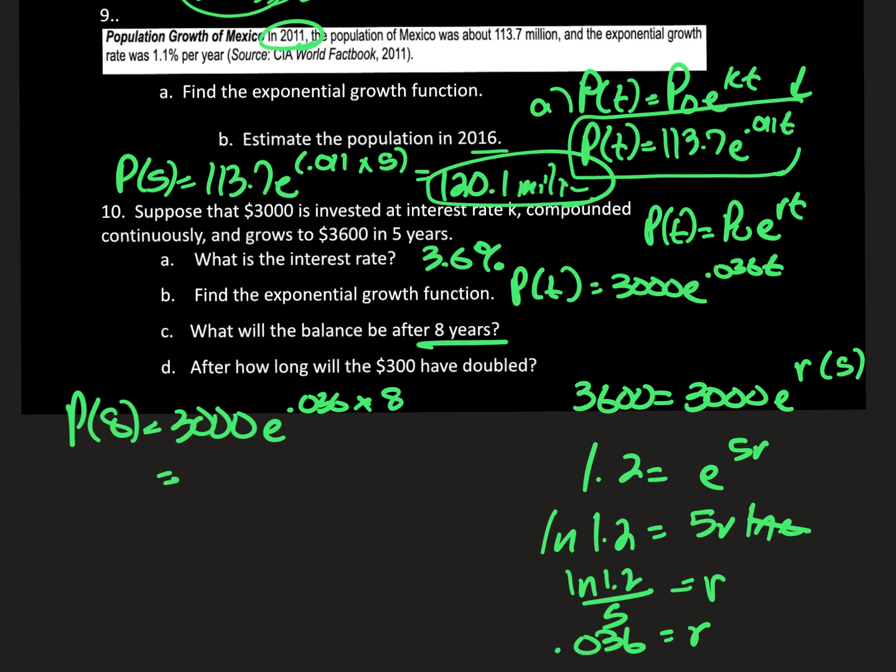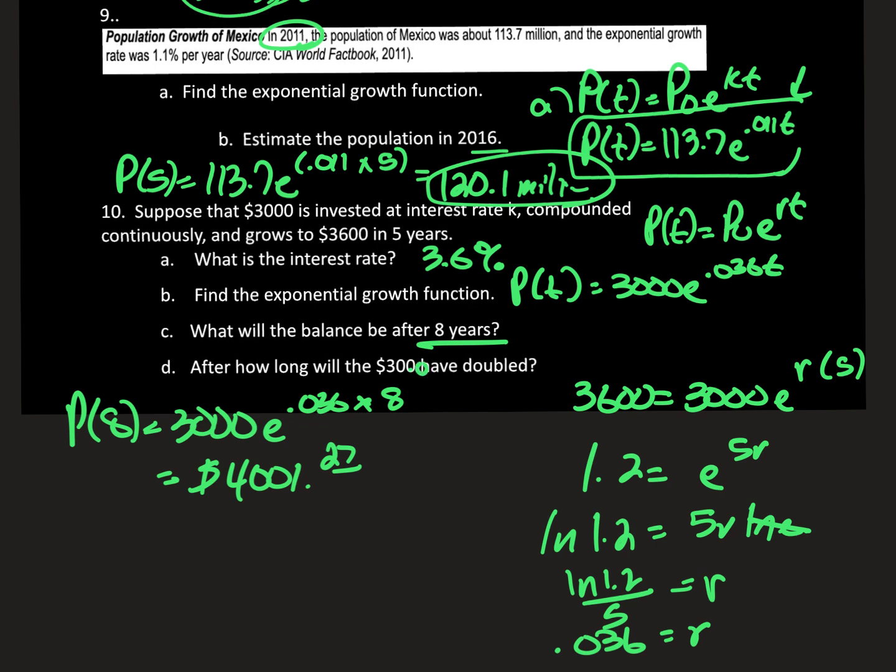Just going to punch that straight in. I'm doing a lot of punching on this problem. 3,000 e to the 0.036 times 8. And I'm getting this much money, $4,001.27.